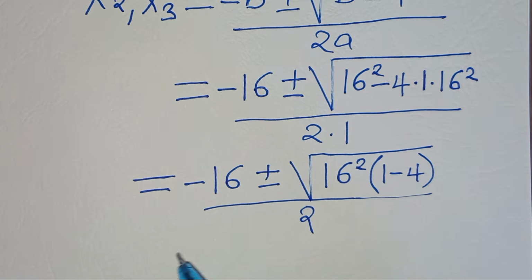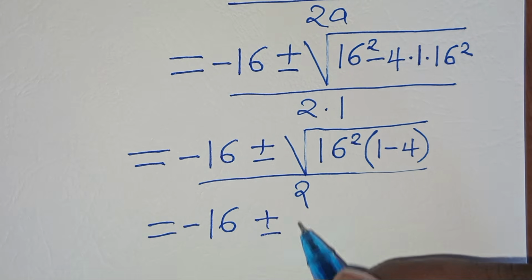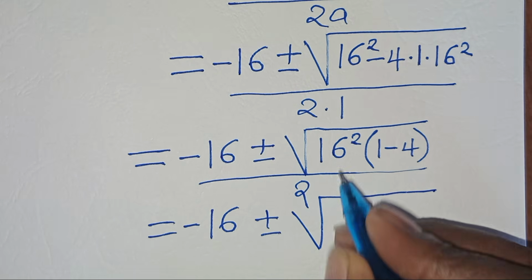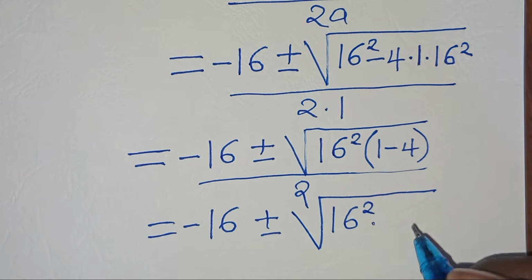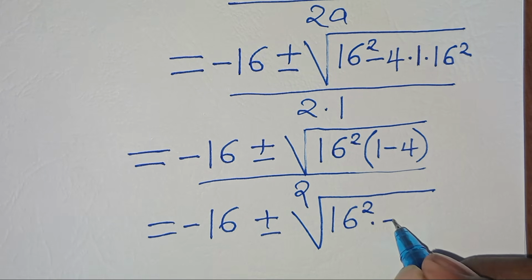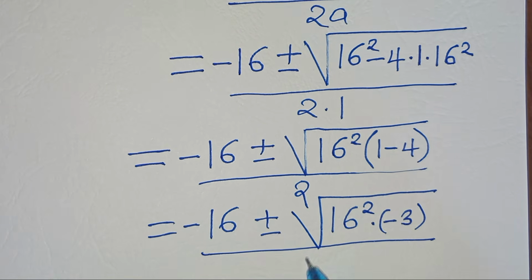So this implies that we have negative 16 plus or minus the square root of 16 raised to the power of 2 multiplying by 1 minus 4, which is negative 3. Then divided by 2.